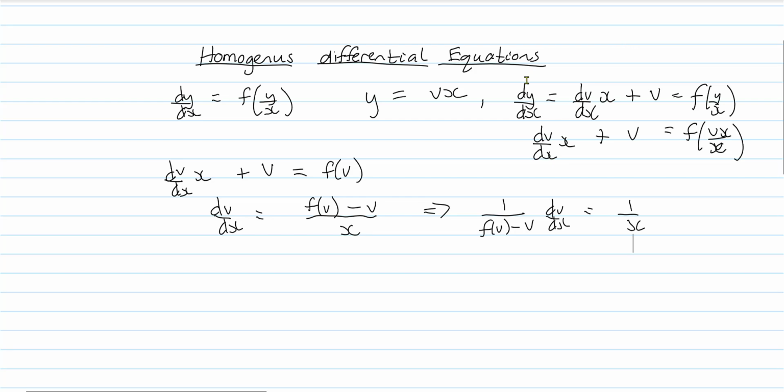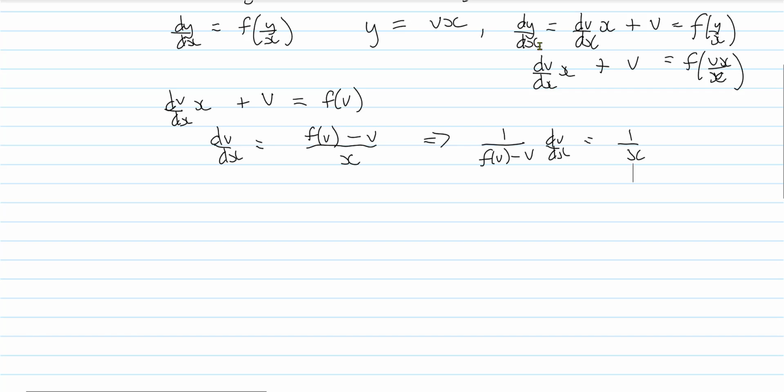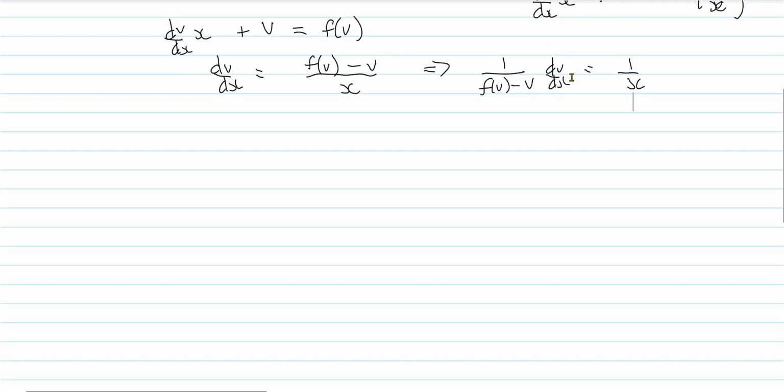So let's look at the example that is from your book. So let's just scroll down a bit, we've got some space. The example says if we've got dy by dx equal to x plus 2y over x, we need to show it's homogeneous, and then we need to solve for y in terms of x.